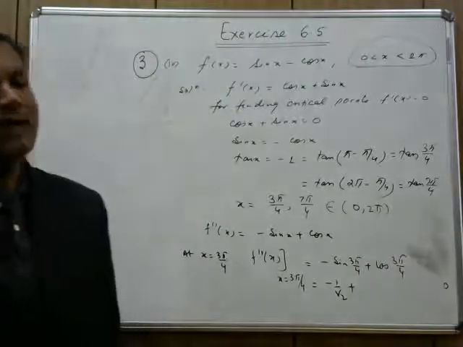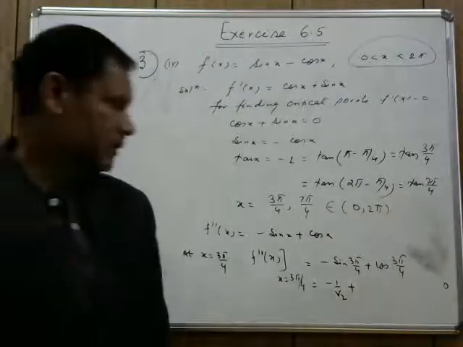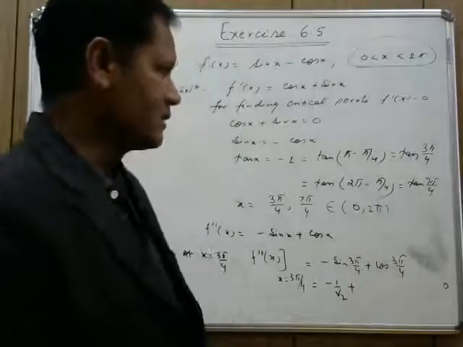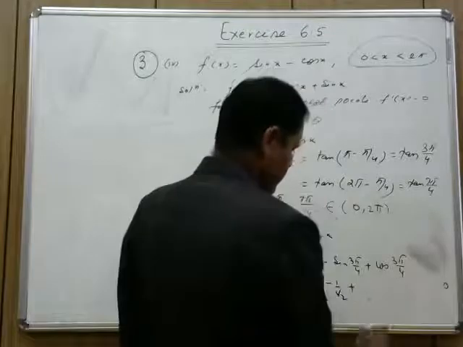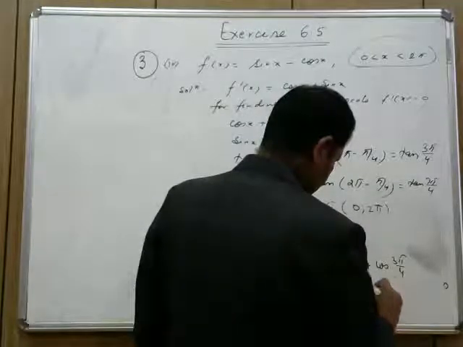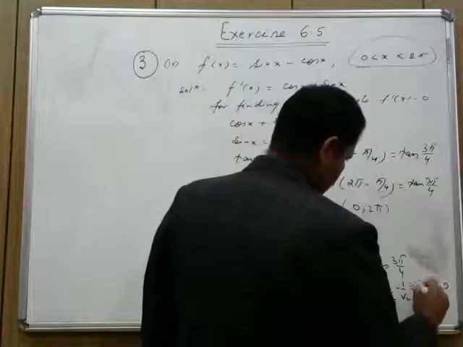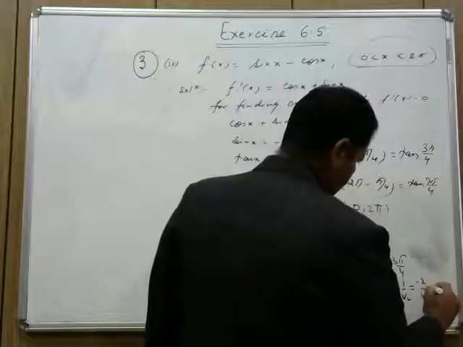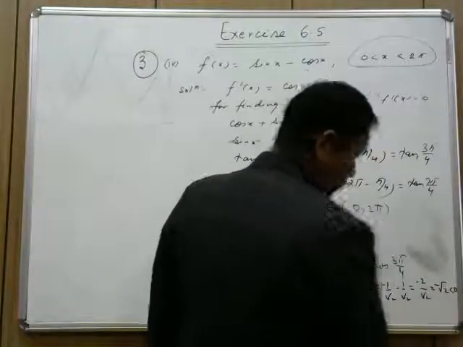I can write cos pi minus pi by 4, and cos is negative in the second quadrant. Therefore we will have minus 1 by root 2, minus 1 by root 2. That means minus 2 by root 2, and that is equal to minus root 2, and minus root 2 is less than 0.